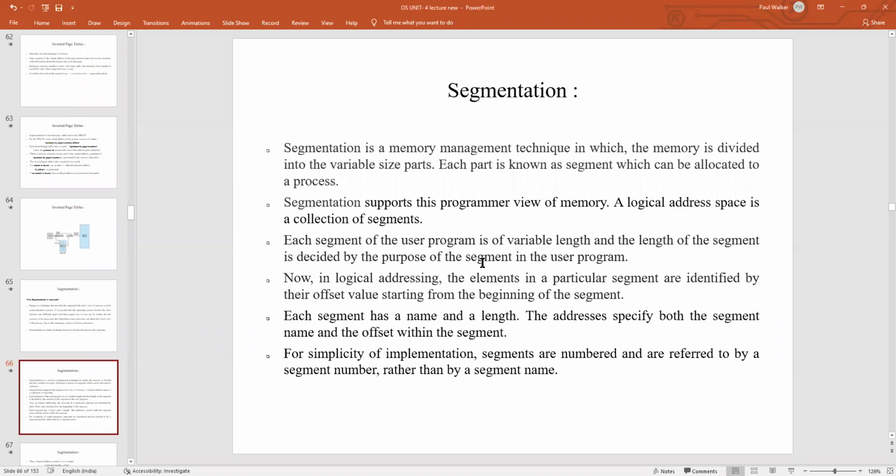Each segment of a user program will have a variable length, and the length of the segment is decided by the user. In segmentation, we have a particular field specifying both the name and the length. For each implementation of segmentation, segments are numbered like the page number is used in paging. Here the segments are numbered and referred to by a segment number.